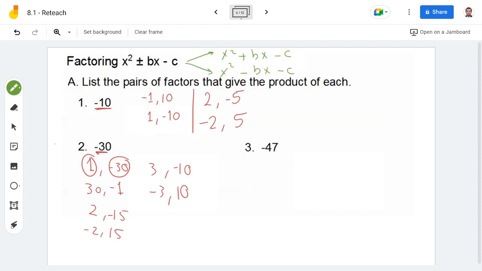If the first one is positive, the second one should be negative. If the first one is negative, the second one should be positive. Same thing for negative 1 times 47 or 1 times negative 47. Okay, so now these are the factors.